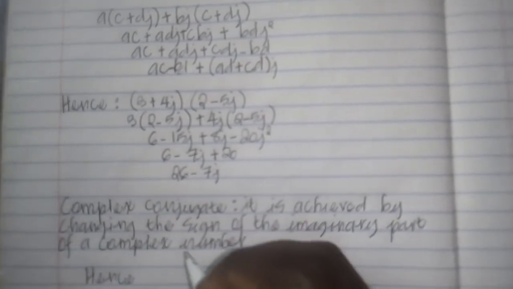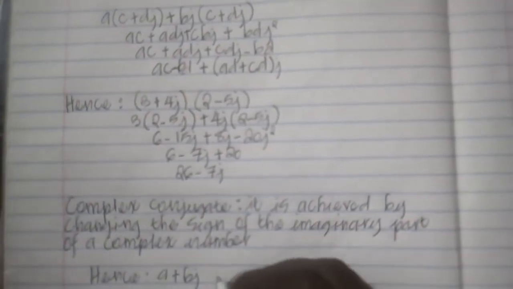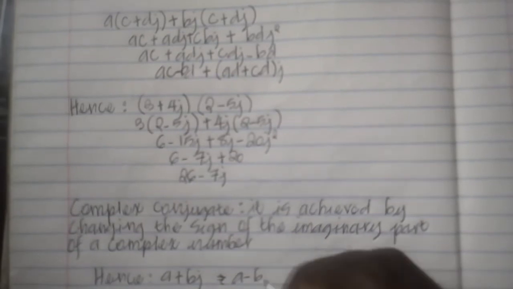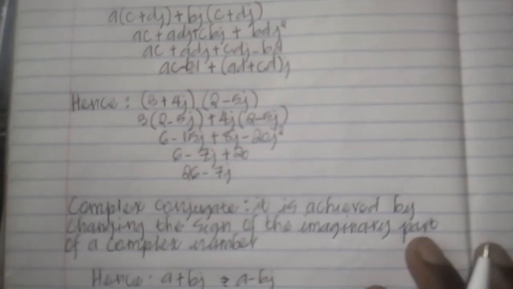Hence, if you have a complex number a plus bj, then its complex conjugate will be a minus bj. Okay.